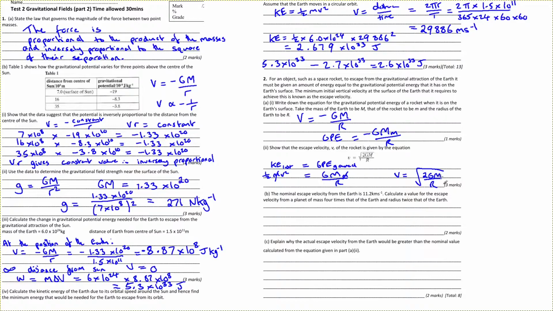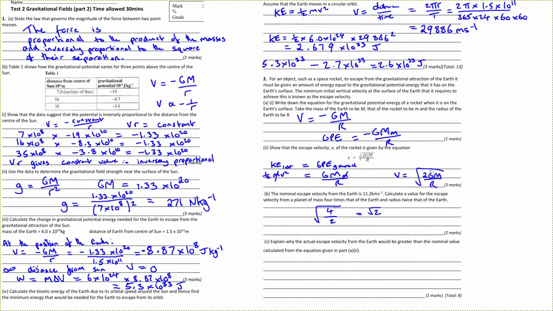If we had another planet which was 4 times the mass and twice the radius, okay, well 4 times M, twice the radius on the right hand side, compared to what we had before, the mass is 4 times bigger, the radius is twice as big, everything else is the same. 4 over 2 is 2, so we get the square root of 2.